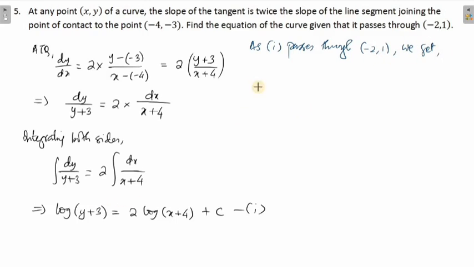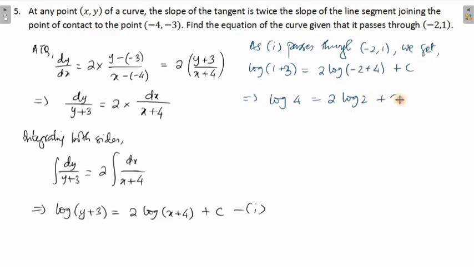So as it passes through (-2, 1), in place of y we put 1, so log (1 plus 3) equals 2 log (-2 plus 4) plus c. From here you get log 4 equals 2 log 2 plus c.